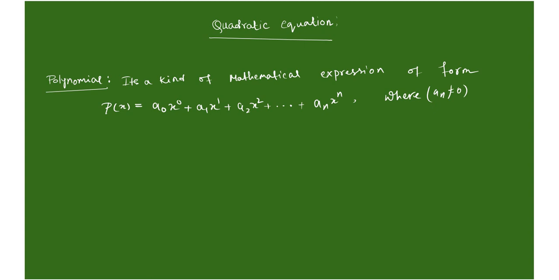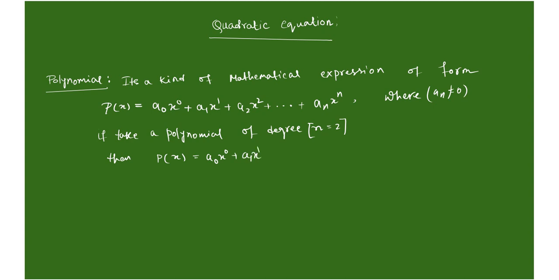Now if we take a polynomial of degree 2, meaning n is equal to 2, then p(x) looks like this: p(x) is a0 x to the power 0 plus a1 x to the power 1 plus a2 x squared.